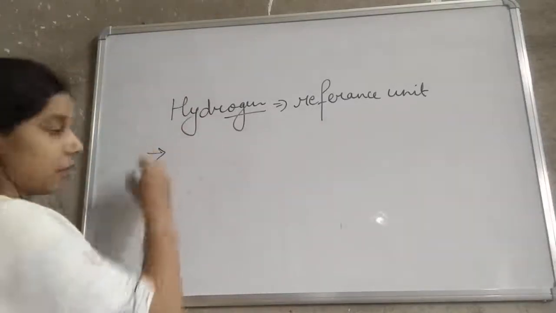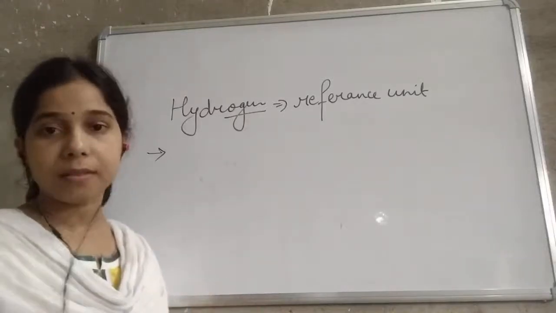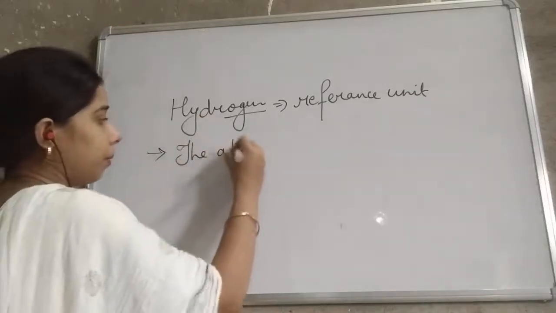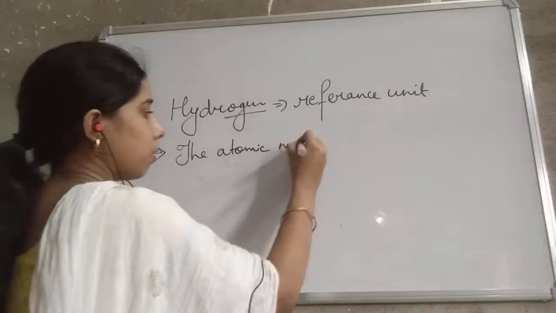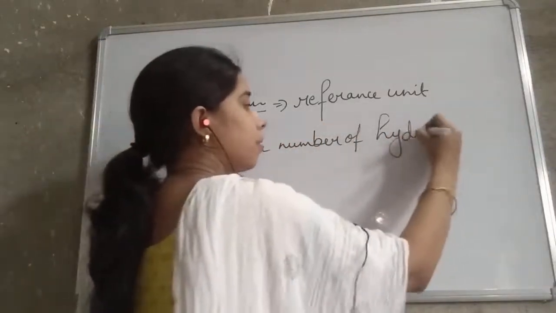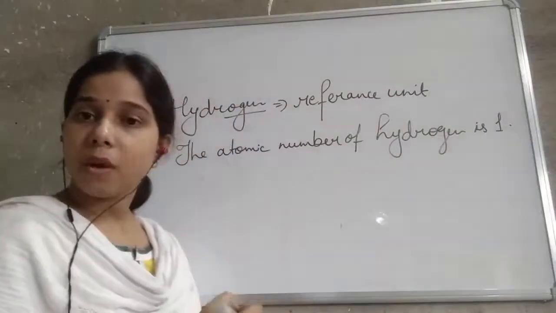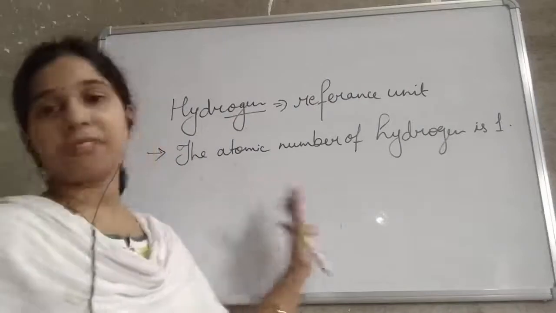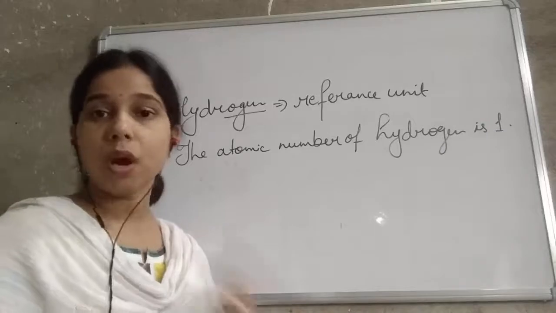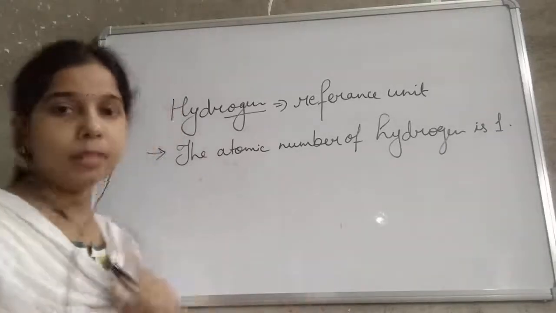The first reason to take hydrogen as a reference unit is that the atomic number of hydrogen is 1. Even the atomic mass of hydrogen is also 1. So we can say the atomic number and the atomic mass of hydrogen is 1.